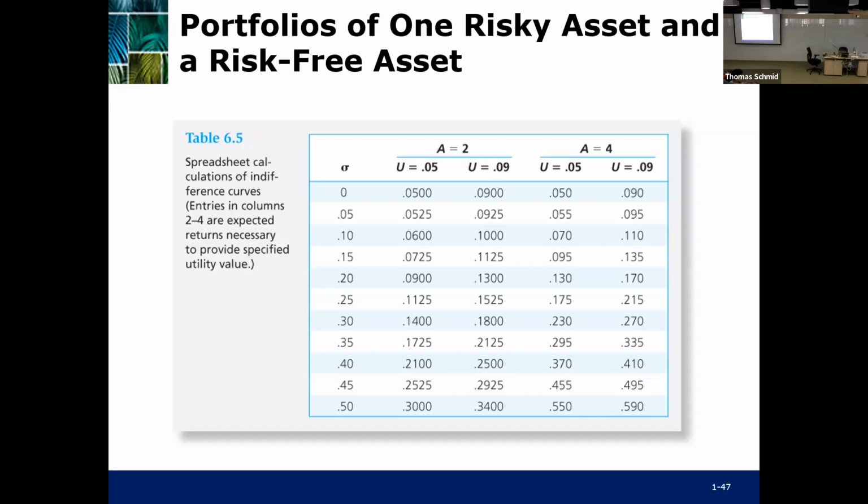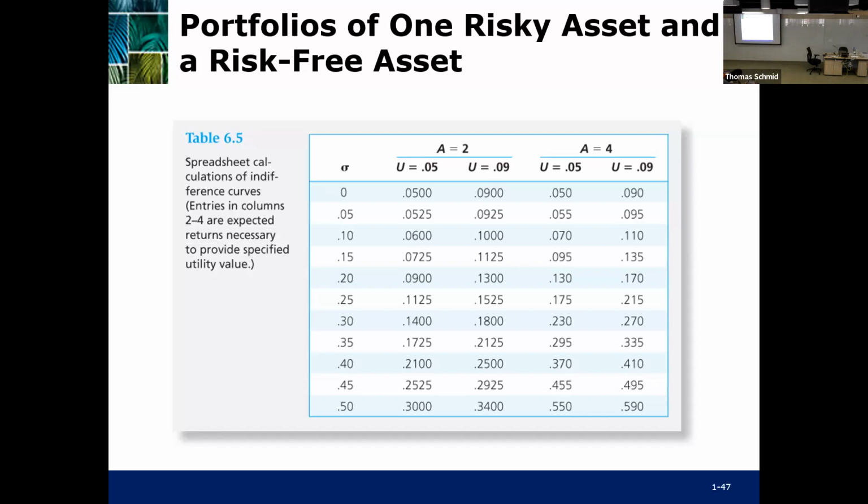If we go to the more risk-averse investor, she requires an expected return of 13% to achieve the same utility. So the more risk-averse investor demands more expected return for the same level of risk so that she ends up at the same utility. And this is simply because she dislikes risk more and wants more compensation for taking risk so that her utility would stay the same.